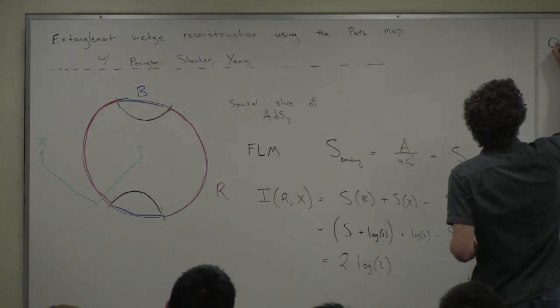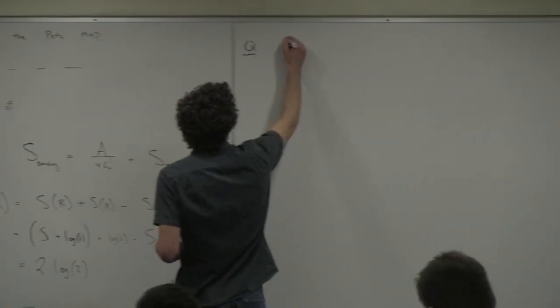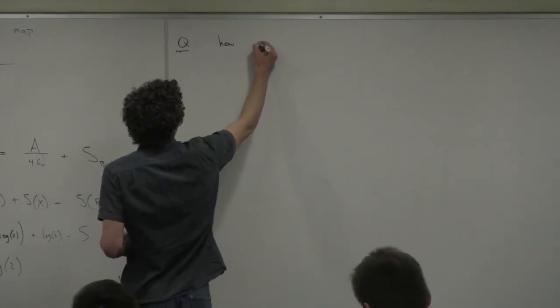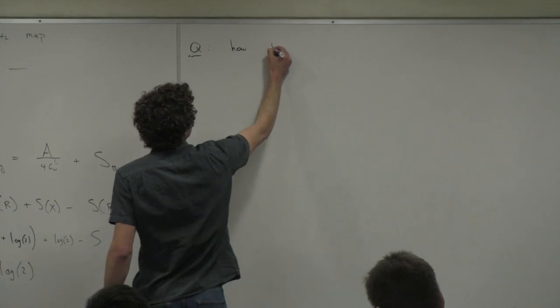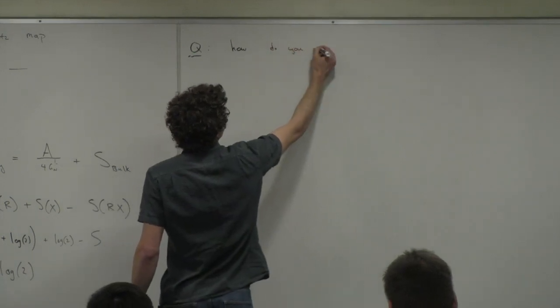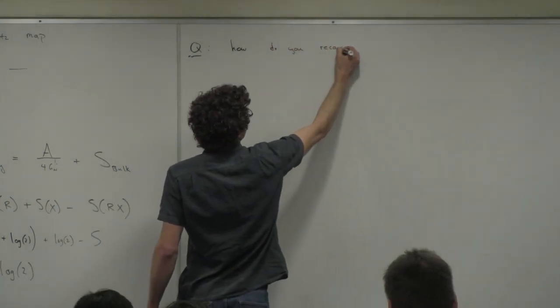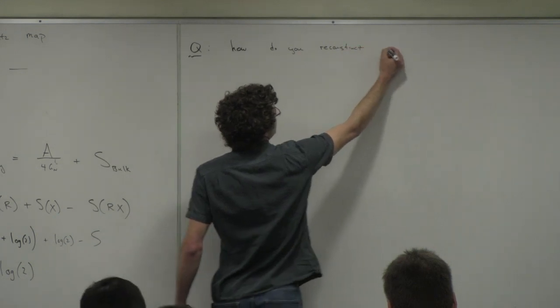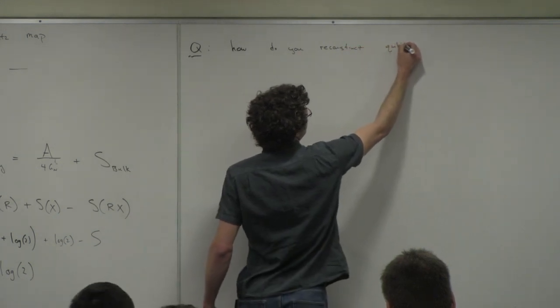Okay, but then we have a question: how do you actually reconstruct the qubit from R?